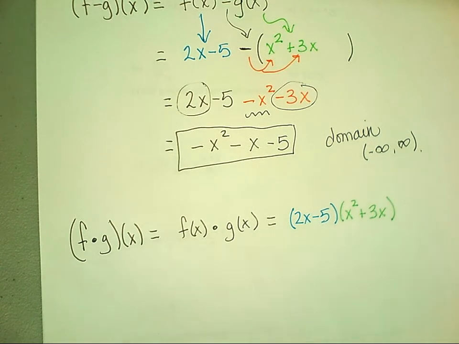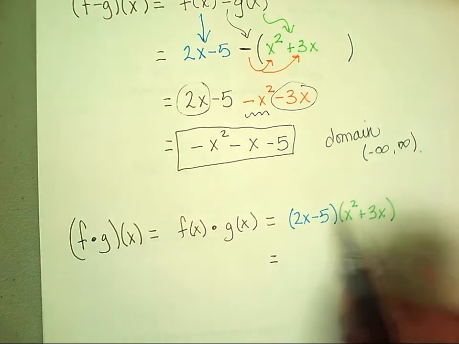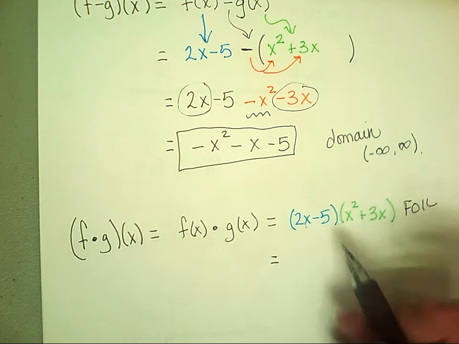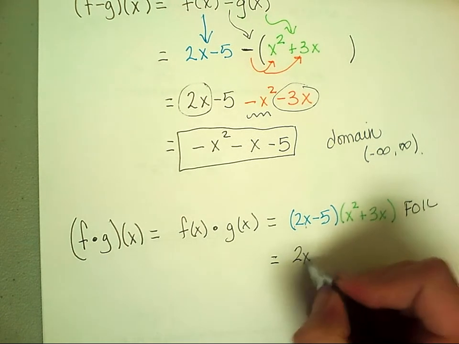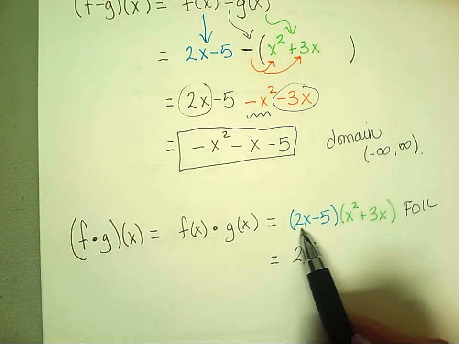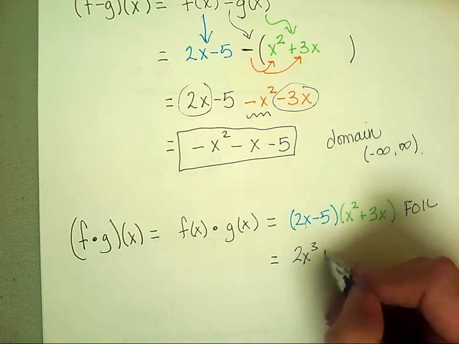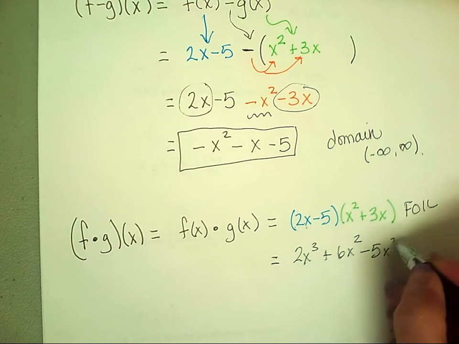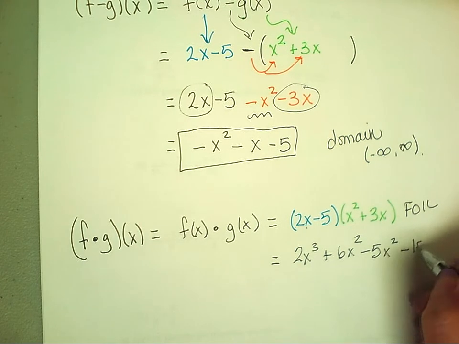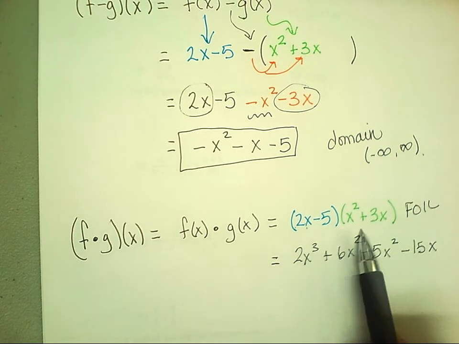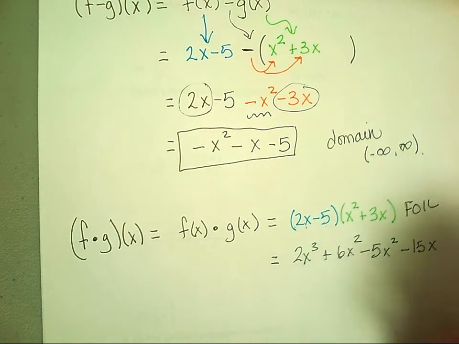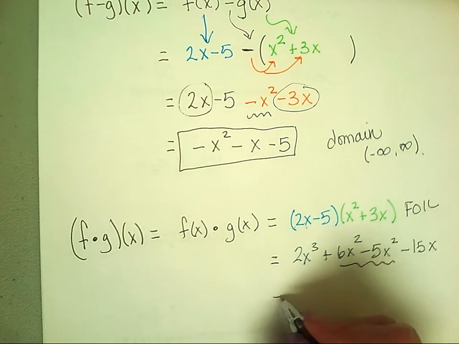Now we'll multiply this out by foiling. Okay, so we'll get 2x cubed plus 6x squared minus 5x squared minus 15x plus 6x minus 5x minus 15. Then we can combine these like terms.